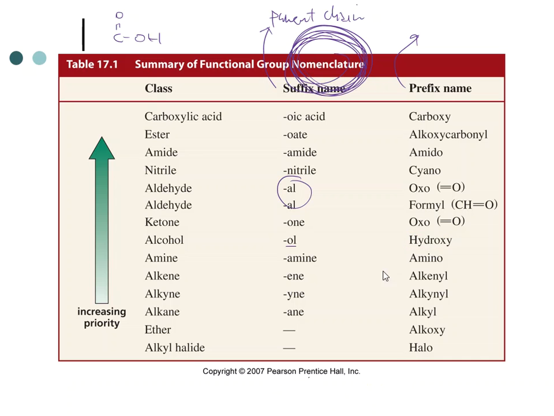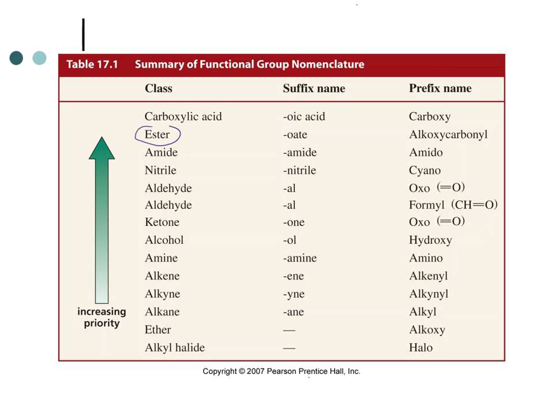We have two functional groups, the aldehyde and the ester part. Let's circle those just so we know where we are. The ester is right up here at the very top, and then the aldehyde is right here.